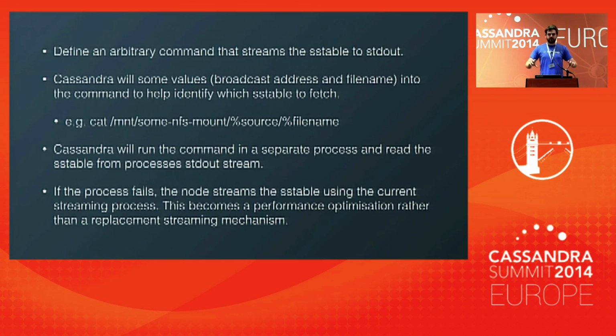Then when Cassandra starts to boot up and commences the normal Bootstrap operation, instead of streaming the SS table from the existing node, it short circuits that operation, executes that command with those parameters in it, and is then able to stream the SS table from this alternate location.